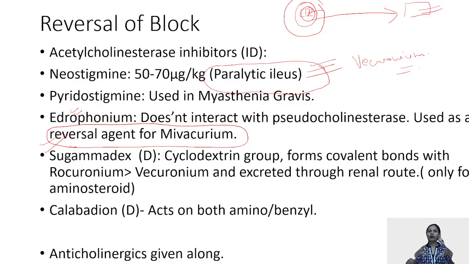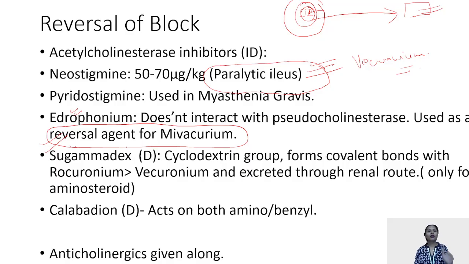Sugammadex was made for rocuronium, and the second choice is vecuronium. Always remember, sugammadex was meant only for the aminosteroid group and not for benzylisoquinoliniums.